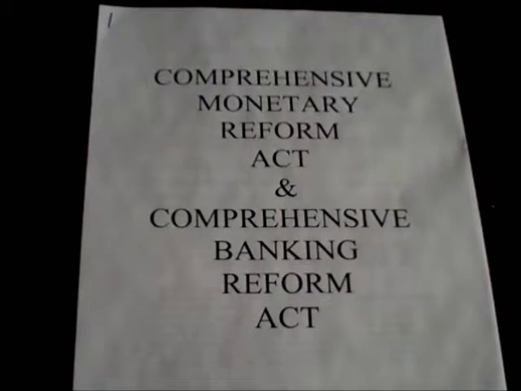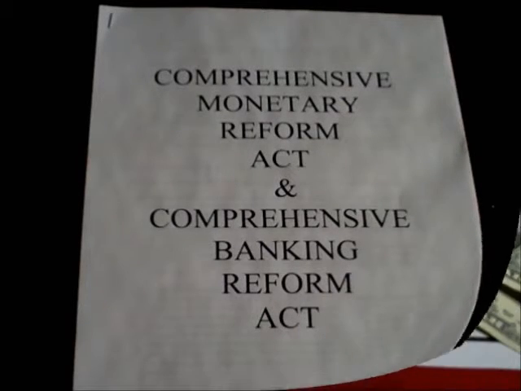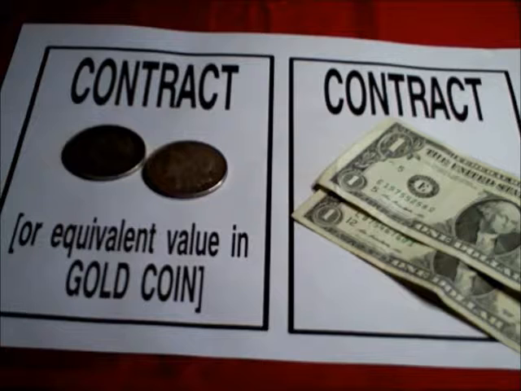Under these acts, the Federal Reserve would not be abolished all at once, but would be phased out over time. That is, it would be disestablished. Under these acts, financial transactions could be contracted in constitutional silver dollars or equivalent value in gold coin, but those financial transactions contracted in Federal Reserve note pseudo-dollars would remain payable or dischargeable in Federal Reserve note pseudo-dollars, unless renegotiated in constitutional silver dollars or equivalent value in gold coin.